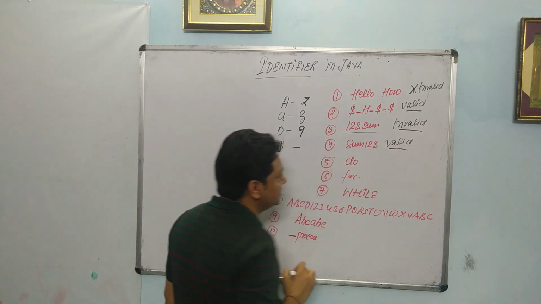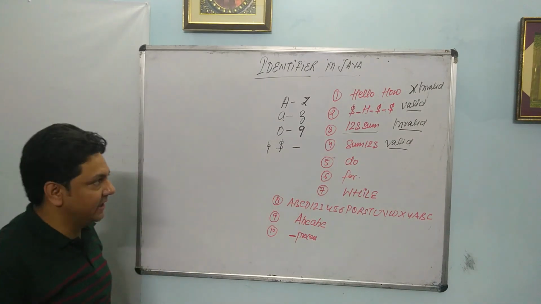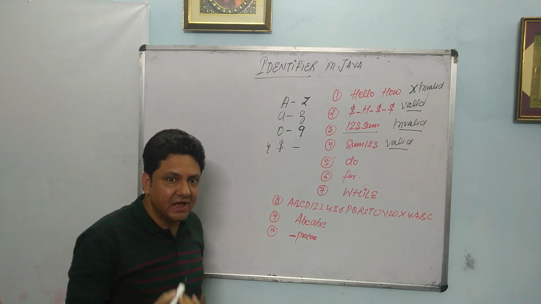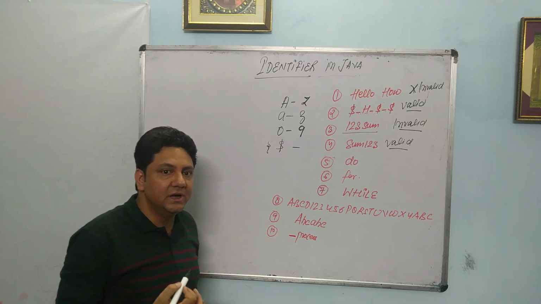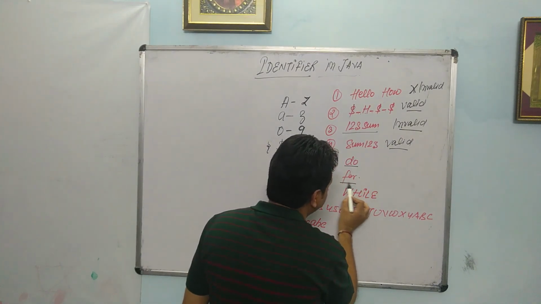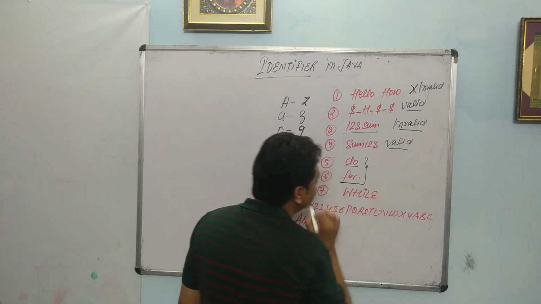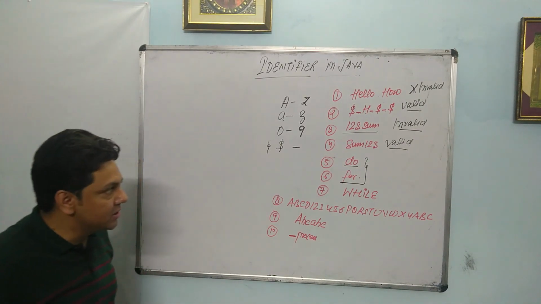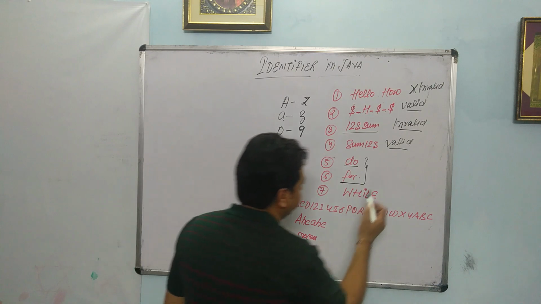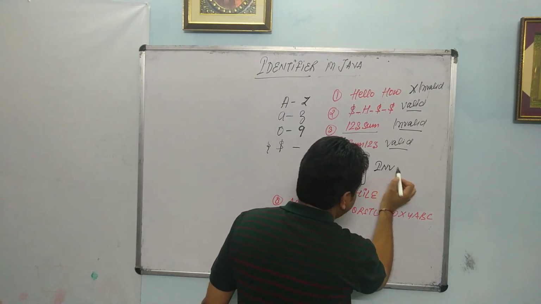We are using the digit, but not at the start. In the middle we can use a digit, or at the last we can use a digit, but we cannot use a digit at the start. Do and for, these two are invalid because they are keywords for looping purposes.